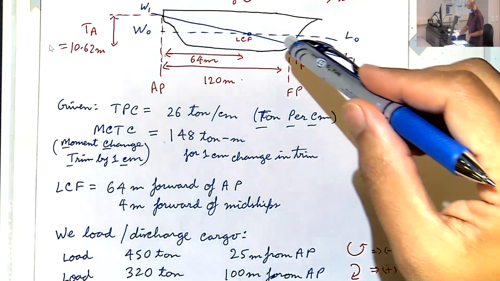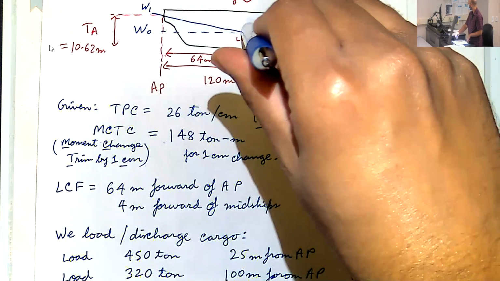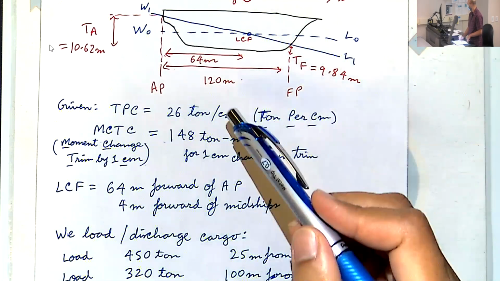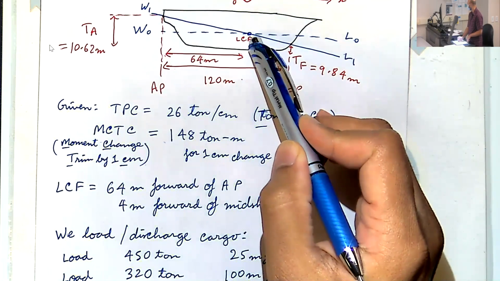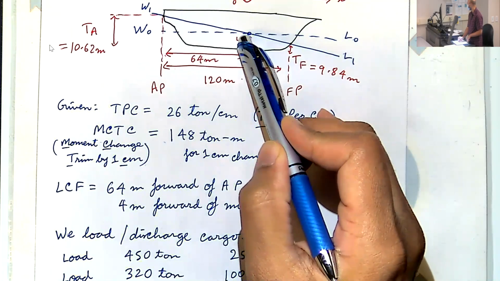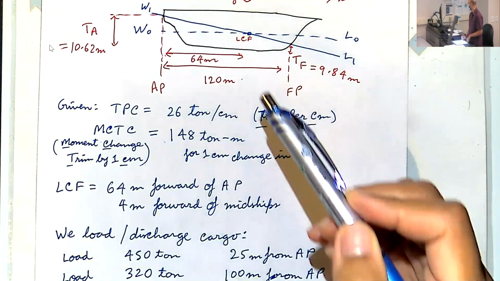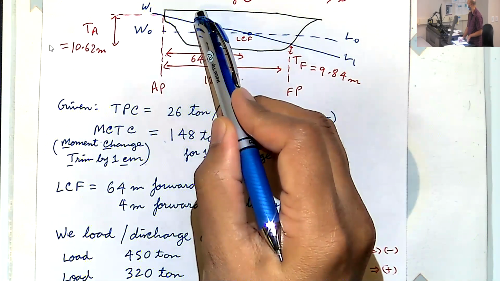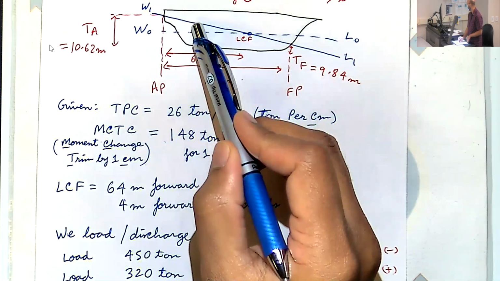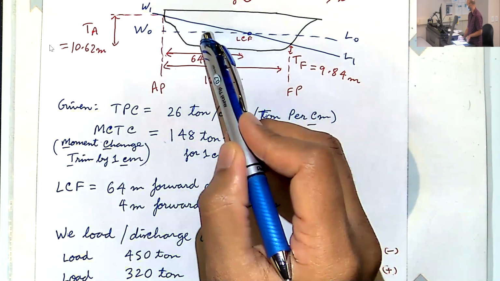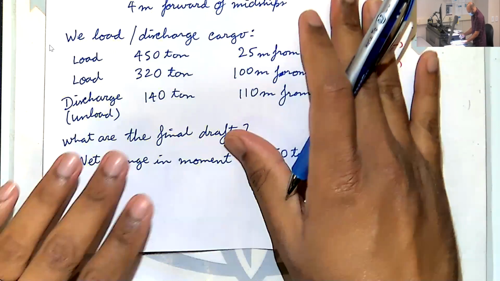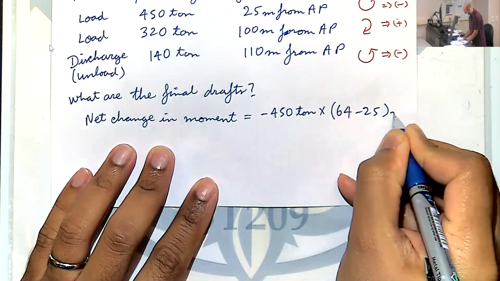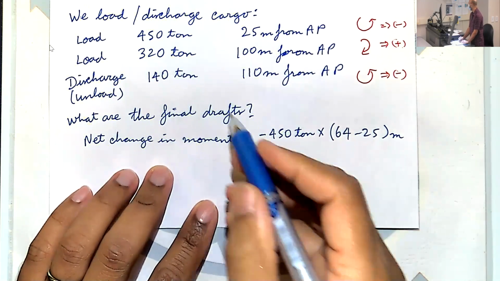Remember, our hull will rotate about this point, the LCF point. So we need to figure out the perpendicular distance between the LCF and the loading position. It's 25 meters from AP. The distance from LCF would be 64 minus 25. So this is 64 minus 25 meter. Same thing we do for the others.